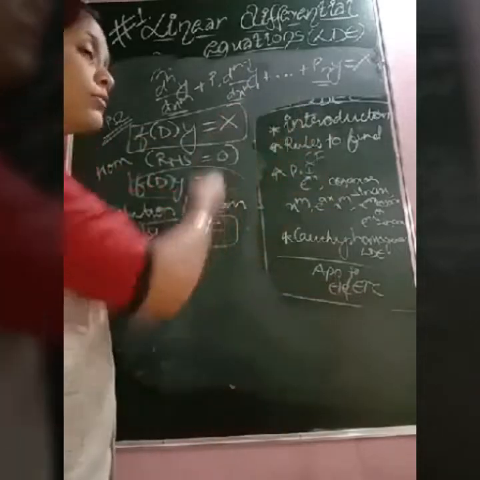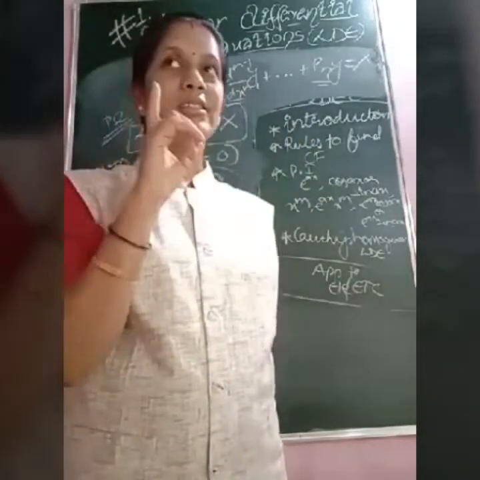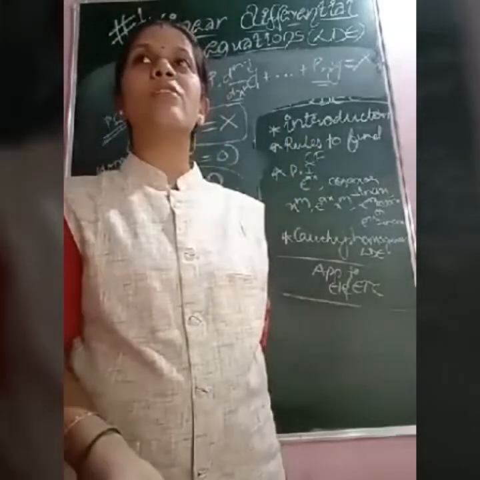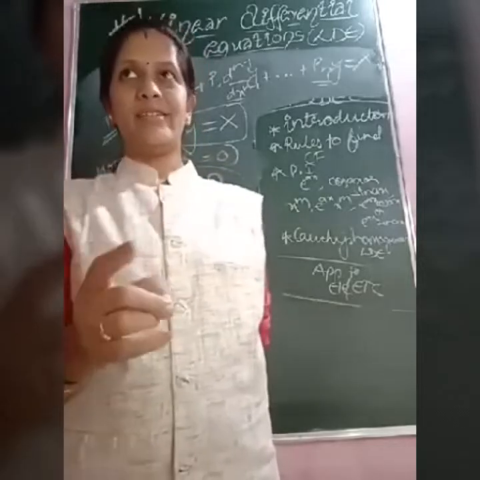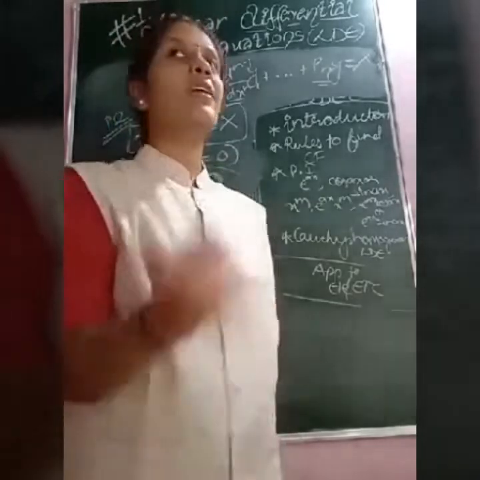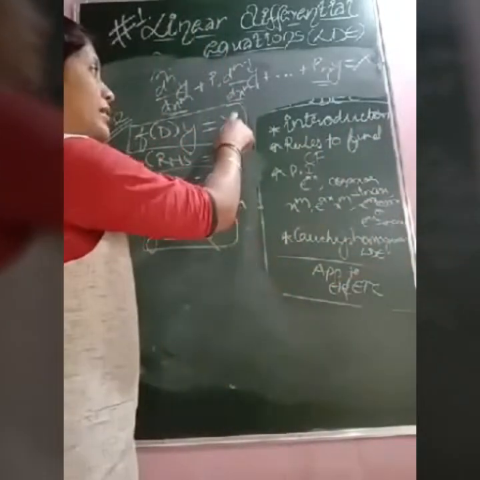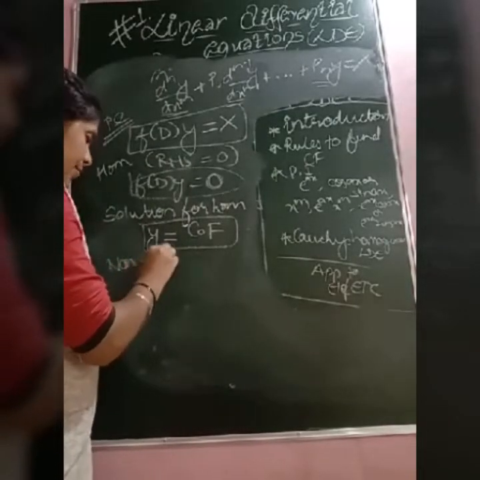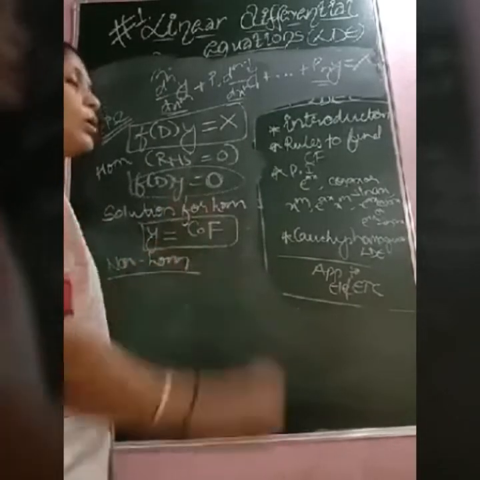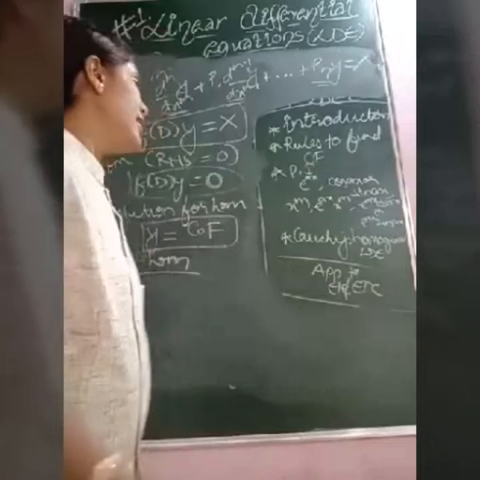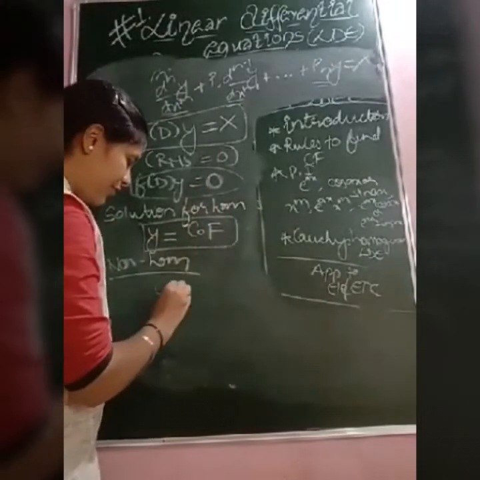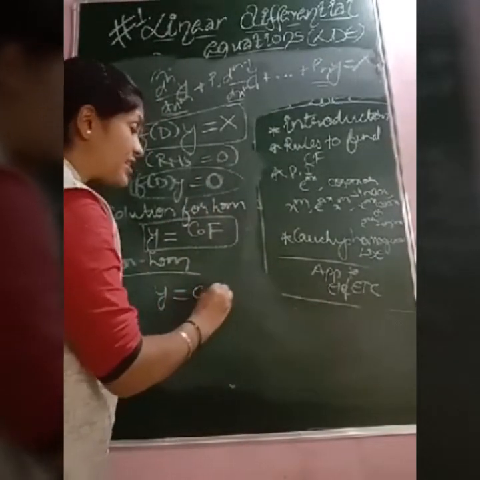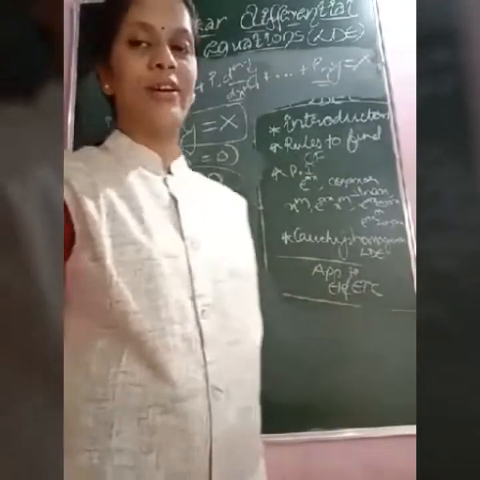Now, the homogeneous equation is one type. Another form is non-homogeneous equations. Non-homogeneous means the RHS value is not 0 but some function of x. For non-homogeneous, what is my general solution? I have to find the CF first. CF stands for complementary function.